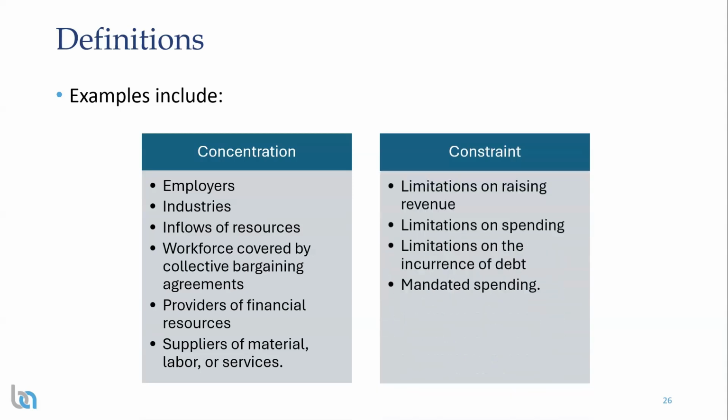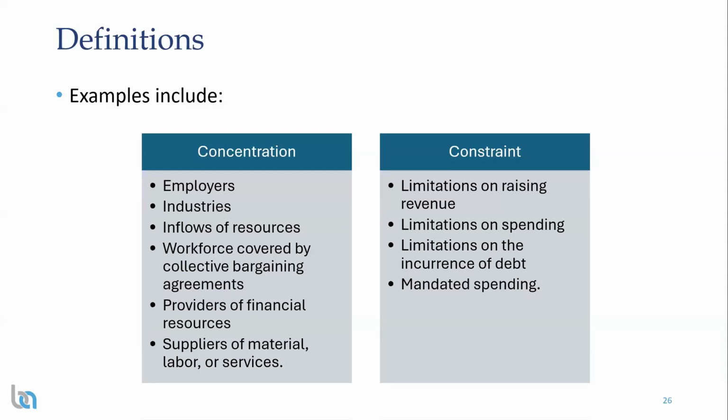Also constraints, which are limitations on raising revenues. If you have legal limitations or your governing body imposes restrictions on your ability to raise revenues. Obviously, as some of you know, there was that business roundtable, I can't remember the exact name, but they had a group of businesses who really wanted to curb government ability to raise any taxes, any fees, anything.